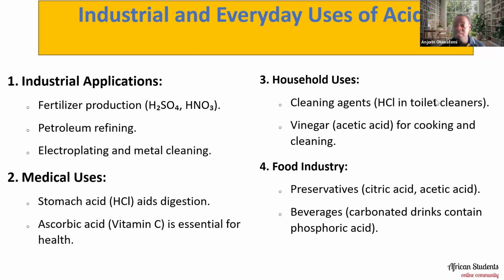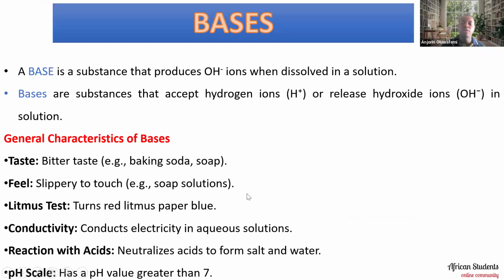We can make use of acetic acid and citric acid and so on. In the food industry, acid is also used in beverages. Carbonated drinks that we take contain phosphoric acid and so many other acids that have wonderful applications in the food industry. Okay, so now we've talked about the acid.